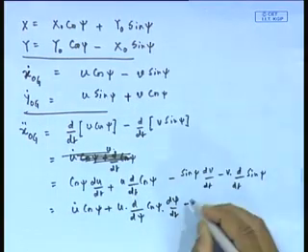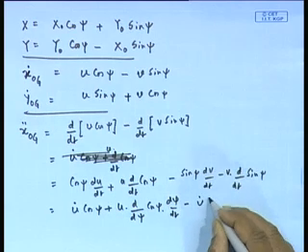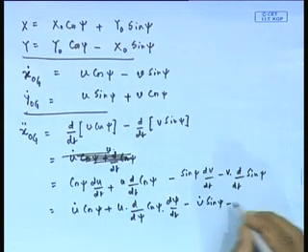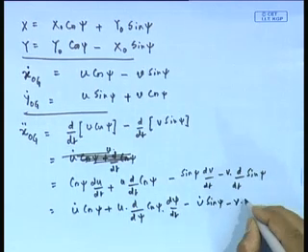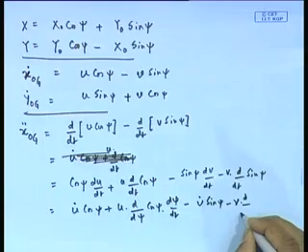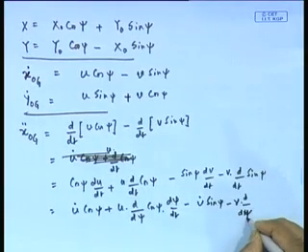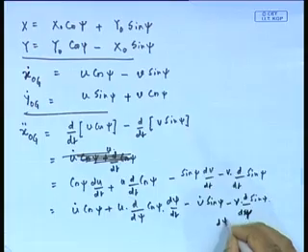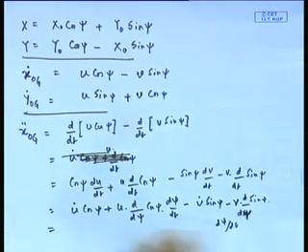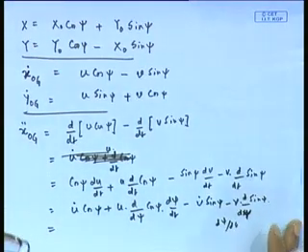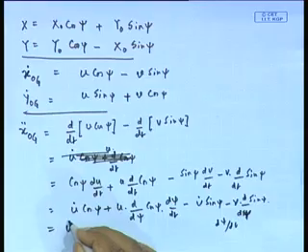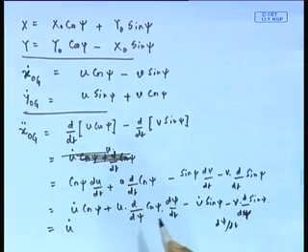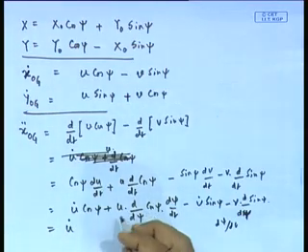Similarly, this becomes v dot sin psi minus v into d by d psi of sin psi into d psi by dt. If you work it out, this will turn out to be u dot cos psi.